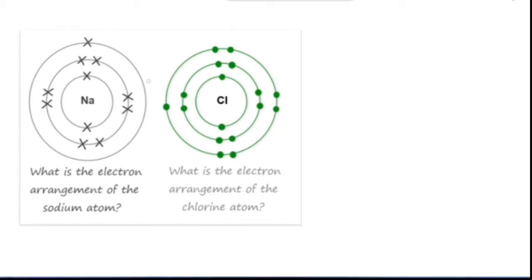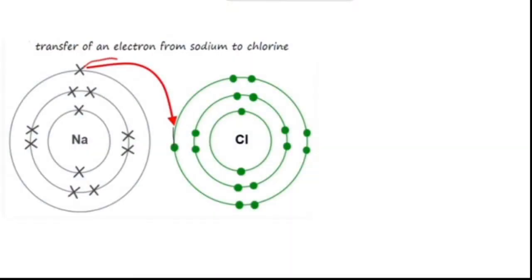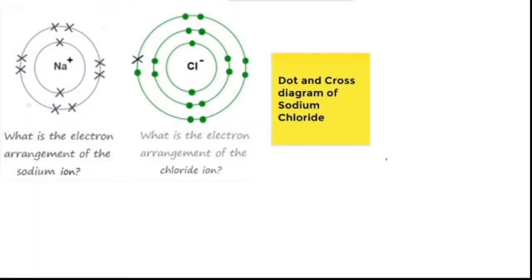Yes, sodium will be transferring its valence electron. You can see sodium is transferring its valence electron to the chlorine atom. So sodium will gain a stable electronic configuration as well as chlorine. So this would be the structure of the sodium ion and chloride ion.